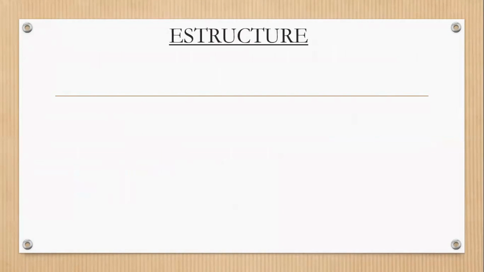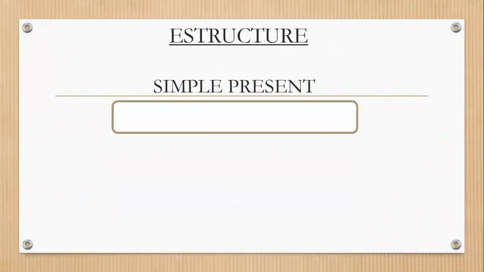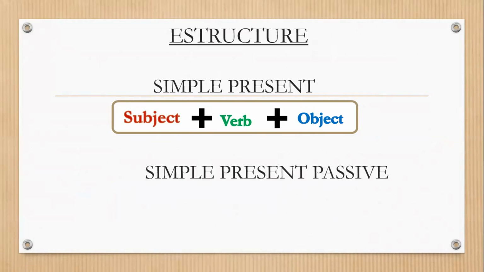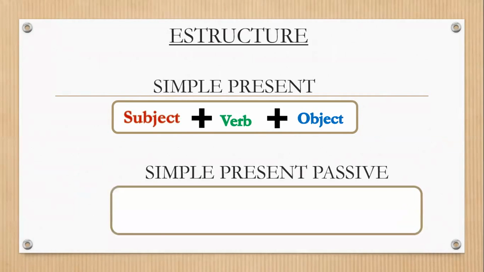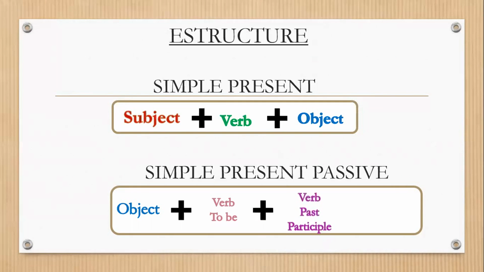So, the structure in simple present in active voice is first the subject plus the verb plus the object, but in simple present in passive voice is first the object plus the verb to be, it depends on the object, plus the verb in past participle, and plus the subject.